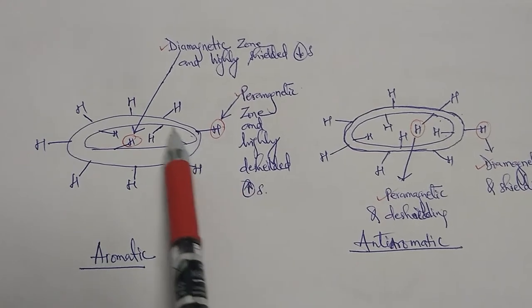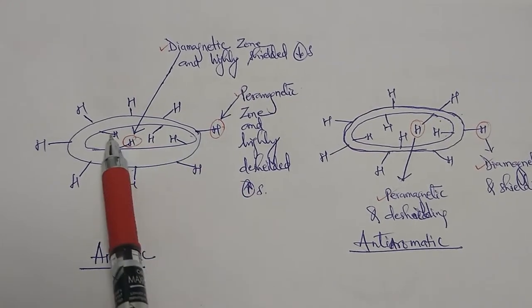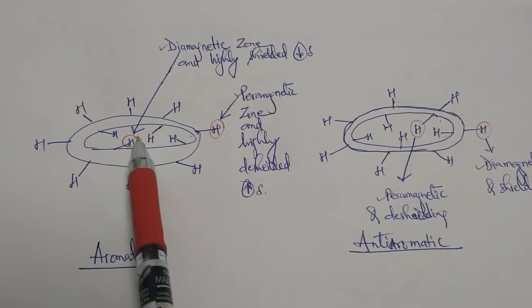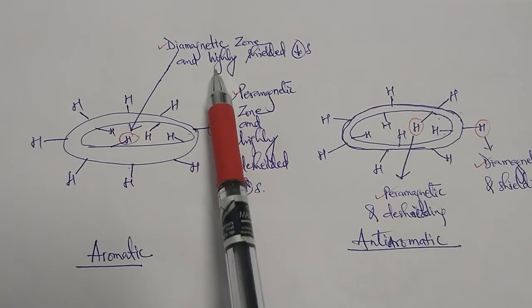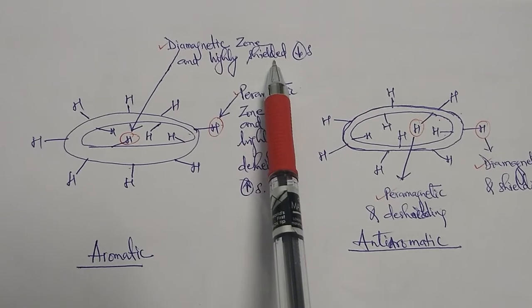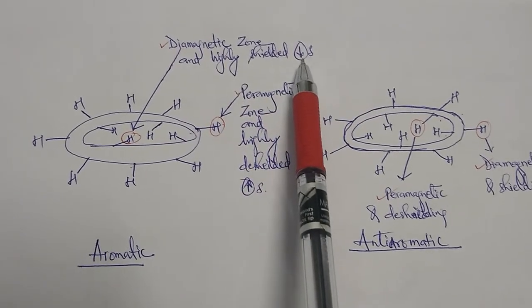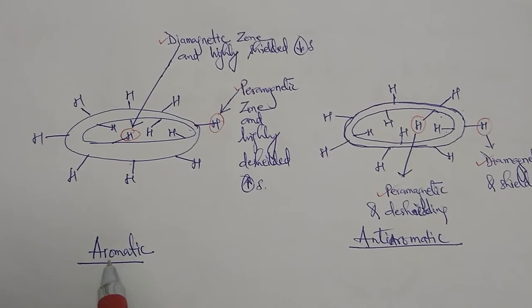If a proton lies at the interior of the aromatic ring, it is in the diamagnetic zone, and it is highly shielded, so it has a low chemical shift.